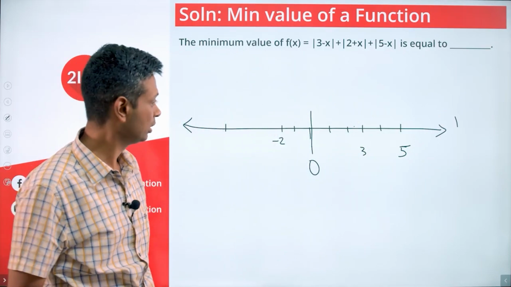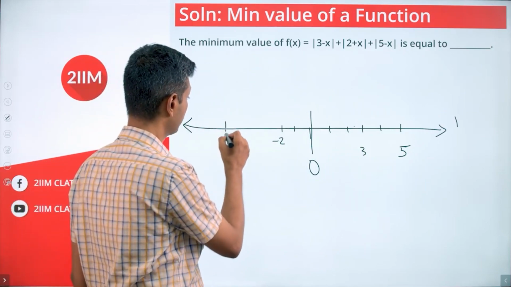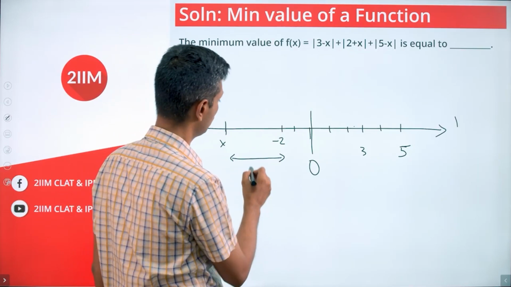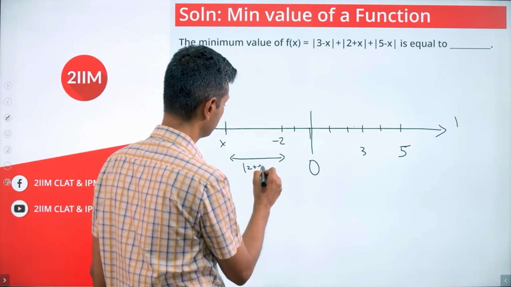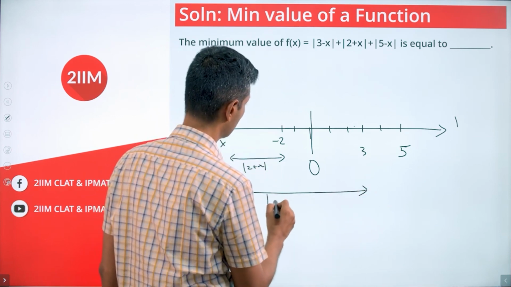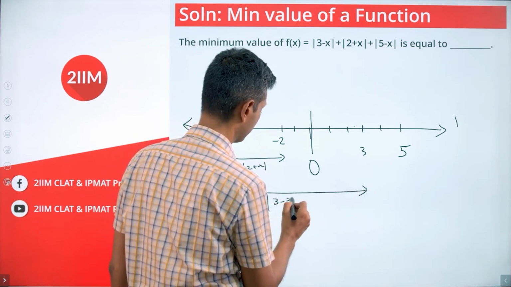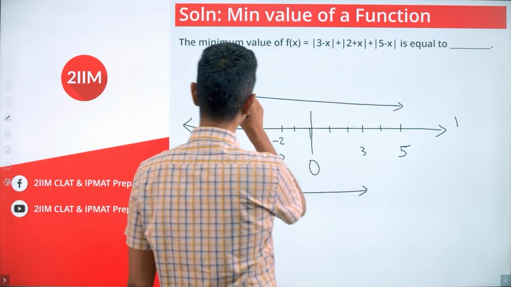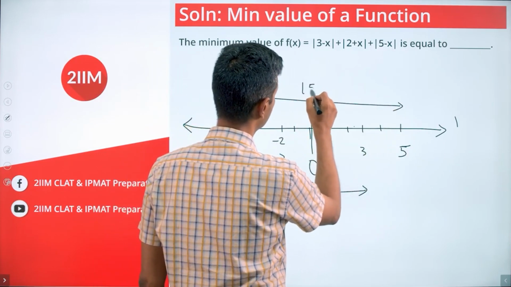Anywhere on the number line, then let's say we have a point x here. Then this distance is modulus of 2 plus x. This distance is modulus of 3 minus x, or modulus of x minus 3. This distance is modulus of 5 minus x.